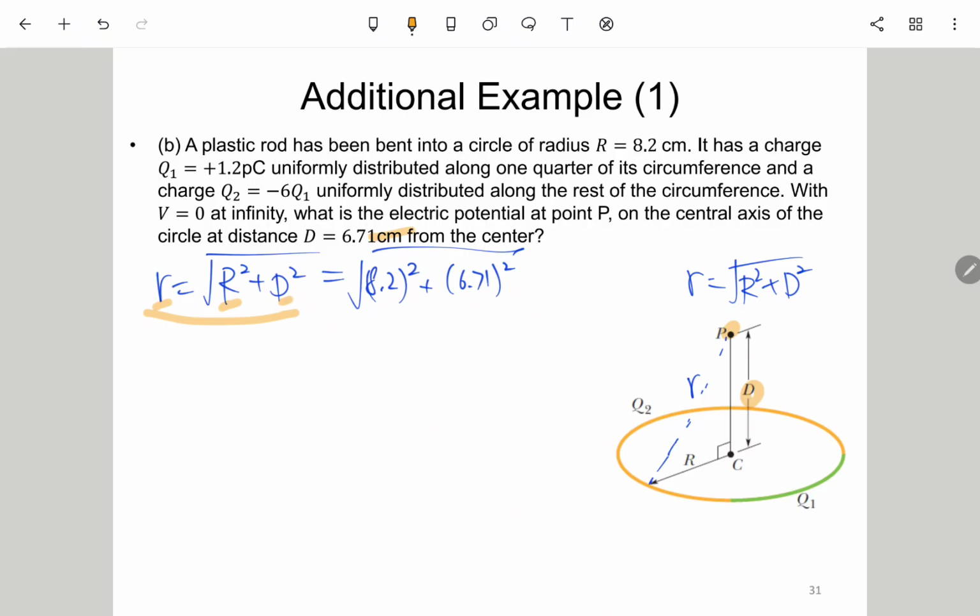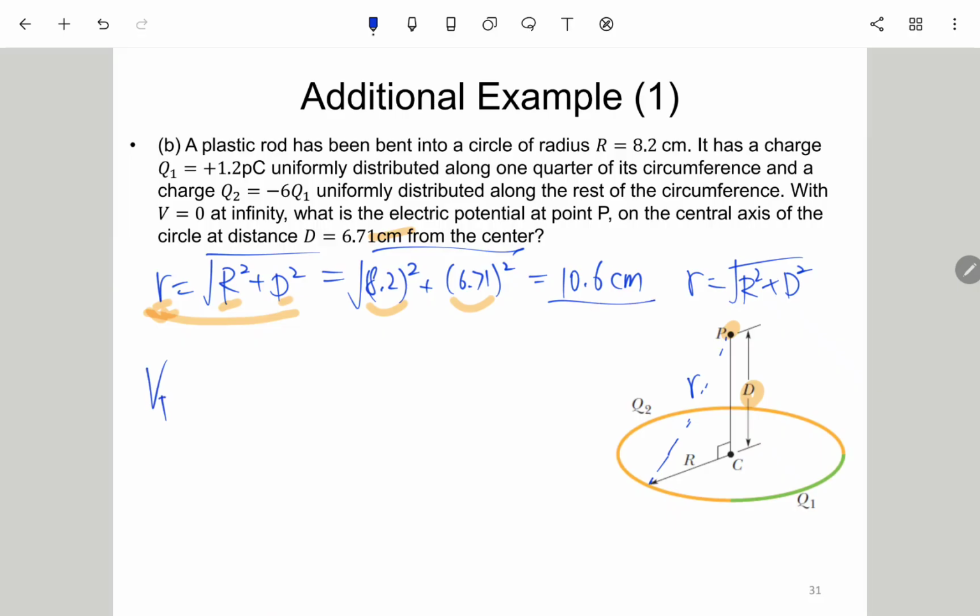If we keep this as centimeter and this as centimeter, this is also centimeter. Of course, if you are very cautious, you can change it to 0.082 squared plus 0.0671 squared, and finally come up with meters. But here we can actually make it 10.6. Be careful, it's centimeter for the r.